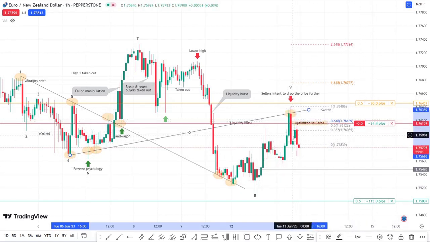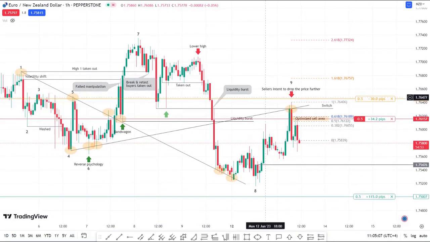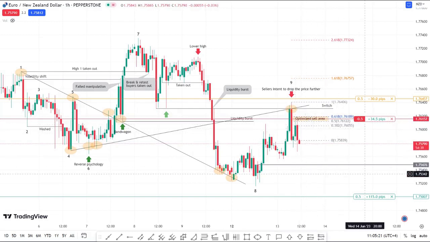Alright? That only applies to a sudden large spike of volatility in our fractal candle. Of course, a fractal candle and a hybrid bar is a good entry. But if its separation from a particular line is that large, most of the time it retraces back to the optimized sell area or buy area.